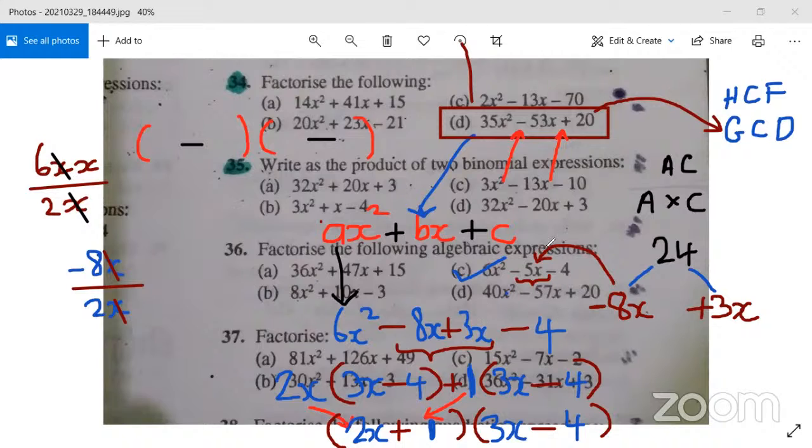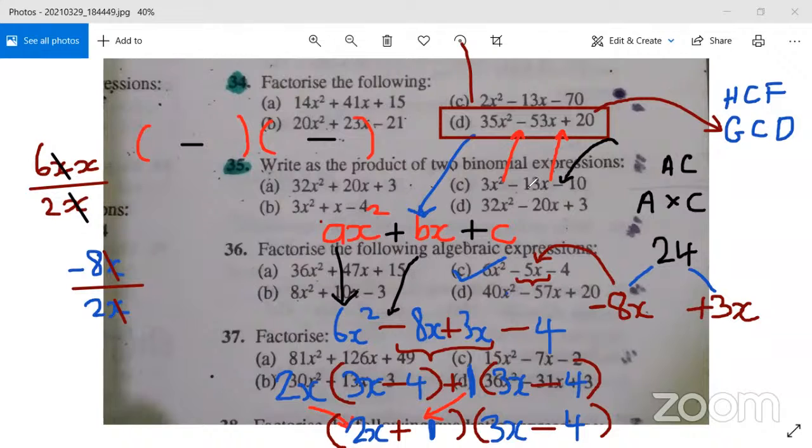No, again, let me explain why that is, right? A positive times a negative will always be negative. So the third term will always be negative, right? Just like what we had here, yeah? We have two negatives, so therefore the larger number 8 is larger than 3, therefore it had to be negative, right?